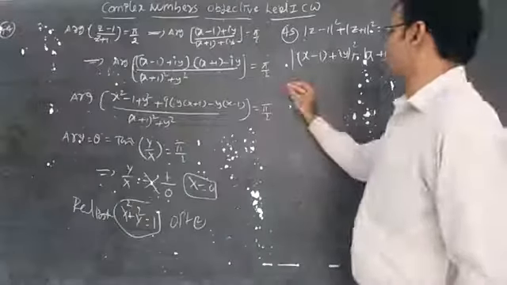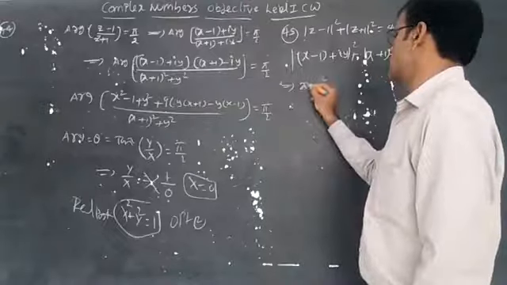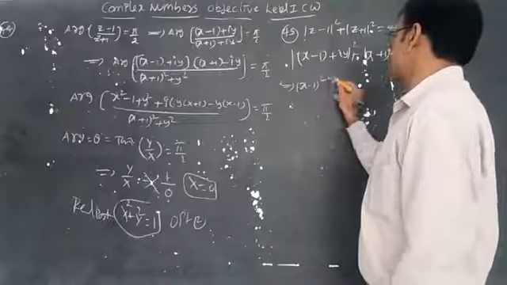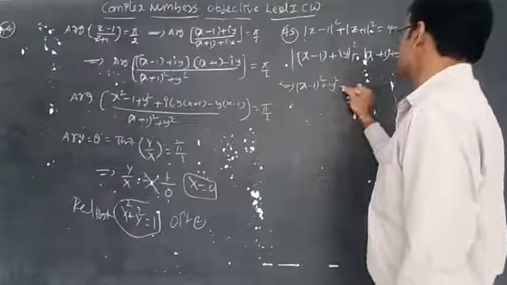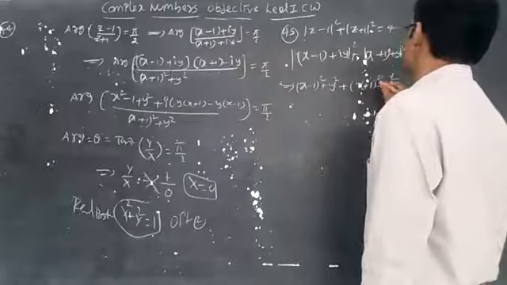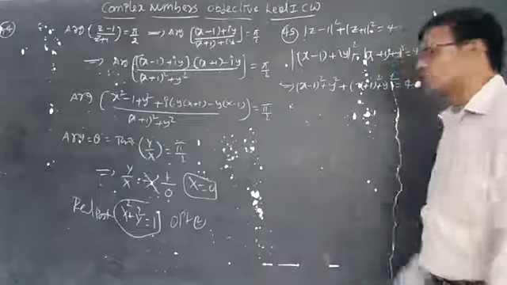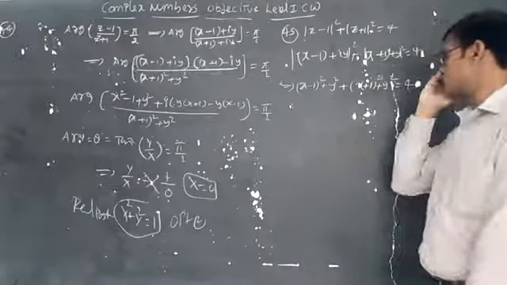Modulus meaning root of component square plus component square. Whenever square is there, you need not write the root. So directly you can write here x minus 1 whole square plus y square plus x plus 1 whole square plus y square equal to, sorry, not 0, it is 4.